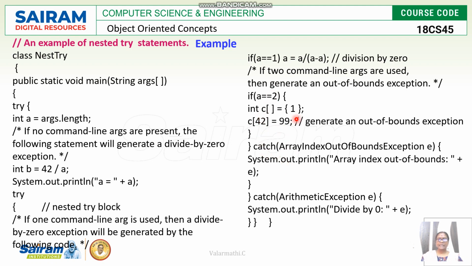So the catch expected for this piece of code is ArrayIndexOutOfBoundsException. Likewise, the inner try statement has a catch for ArrayIndexOutOfBoundsException, and the outer try statement has the expected exception of ArithmeticException. This is what is written in the nested try statement.